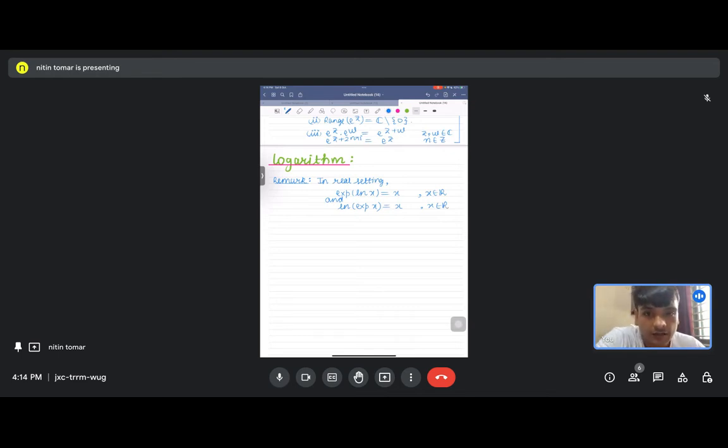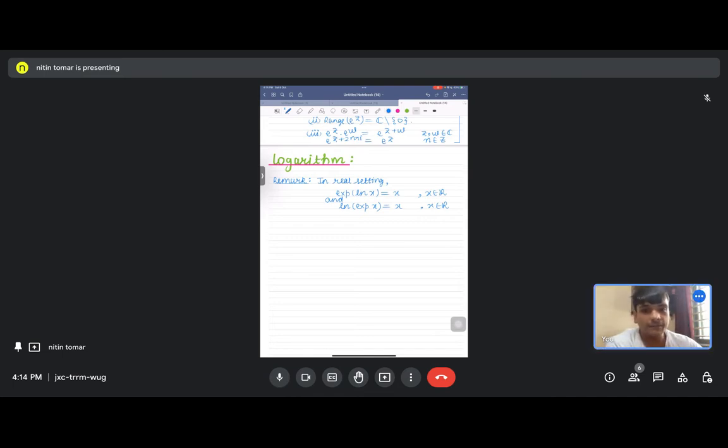Do all of you agree? So what we are trying to say is that exponential and logarithm in real setting are inverses of each other, correct? Because this is how inverse is defined in set theory, right? F composed with G is identity and is same as G composed with F, correct? So this is the starting point.